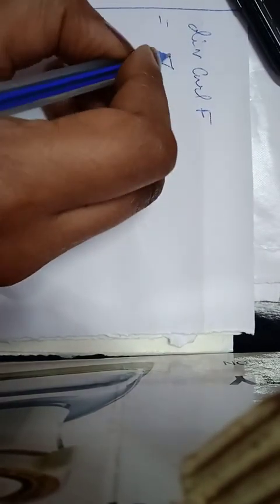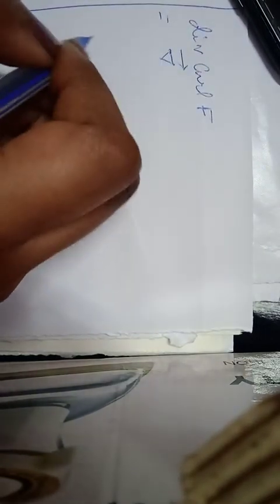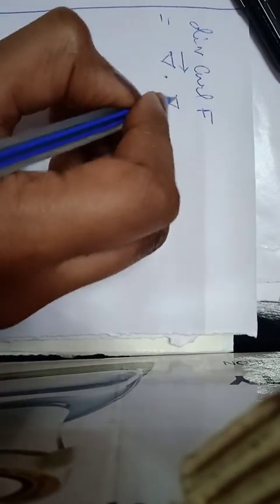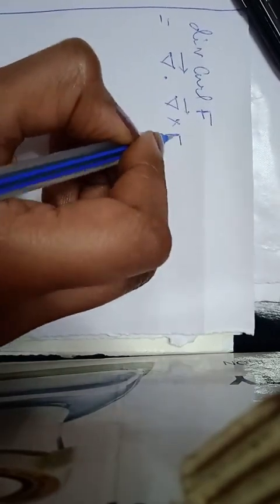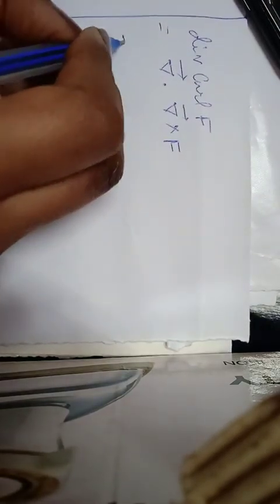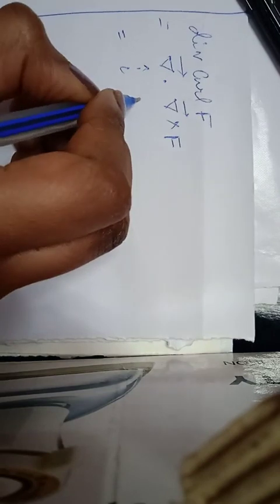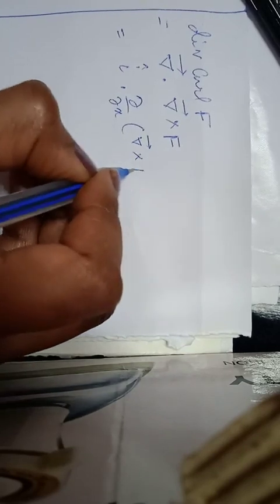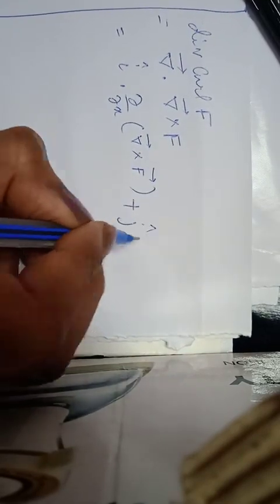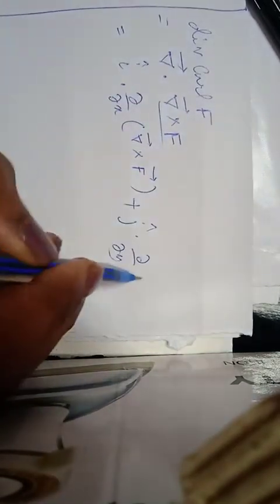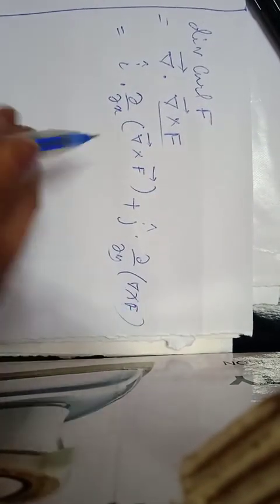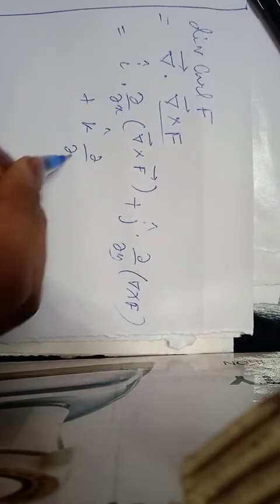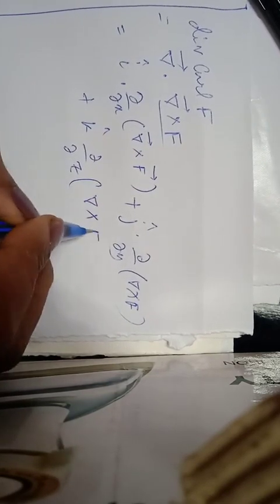This means divergence, that is dot product with the nabla operator, so dot nabla cross F. That means it will give you i cap dot del/del x of this thing plus j cap dot del/del y of this thing plus k cap dot del/del z of this thing.